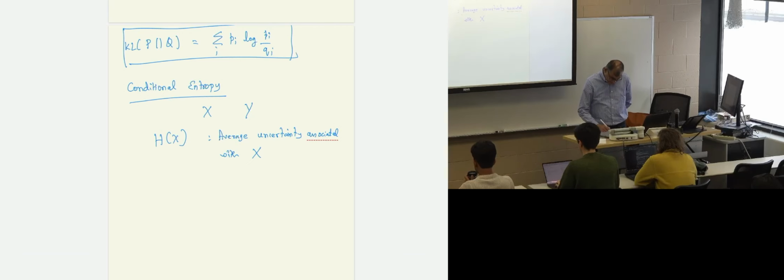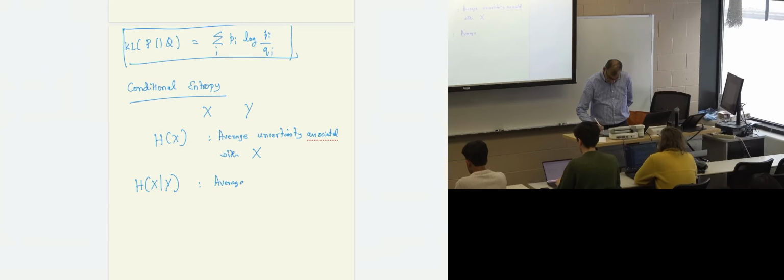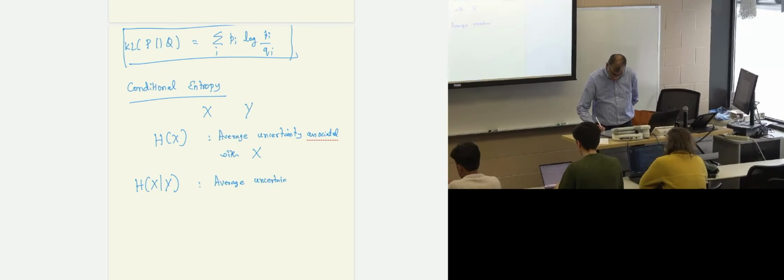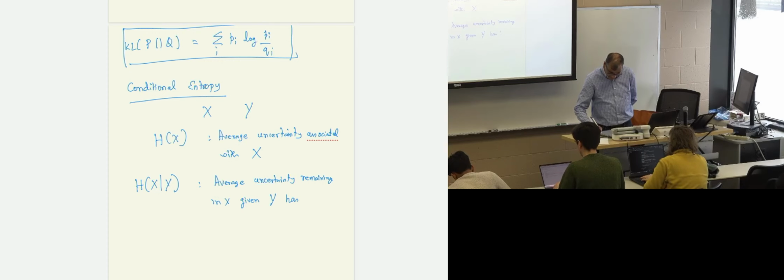And so the same idea, h of x given y is the average uncertainty remaining in your knowledge of x given y has been observed.